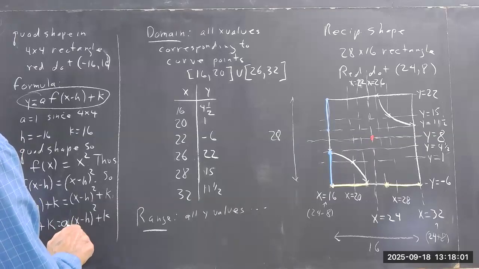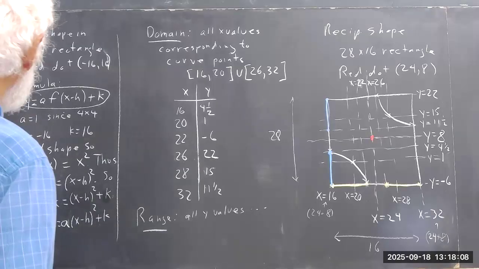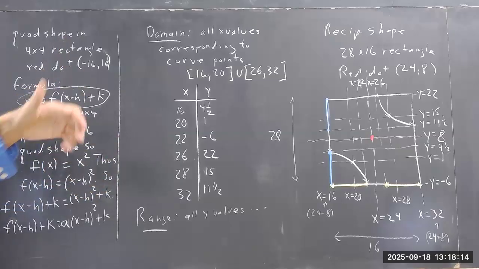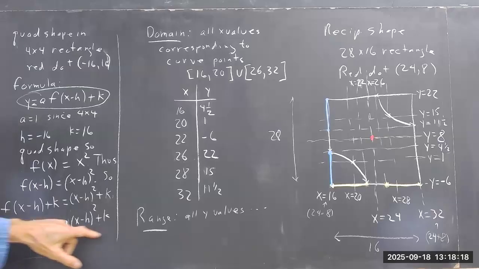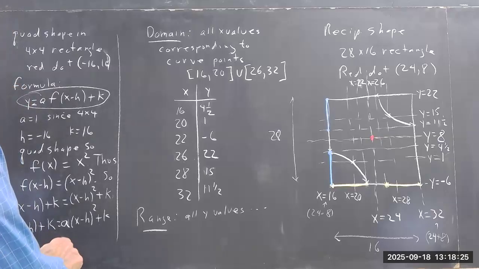It's a times the quantity x minus h squared plus k. So for any quadratic shape that's been transformed by horizontal shift, a vertical shift, and a vertical stretch, that's it. That's the form of the function. Now you've already identified a.